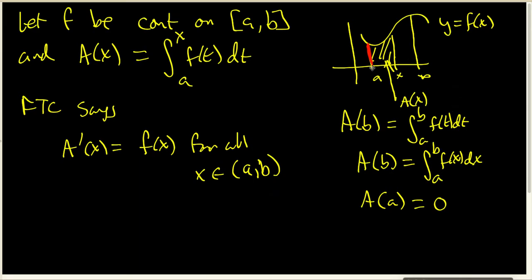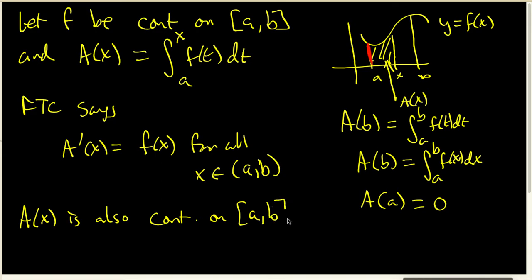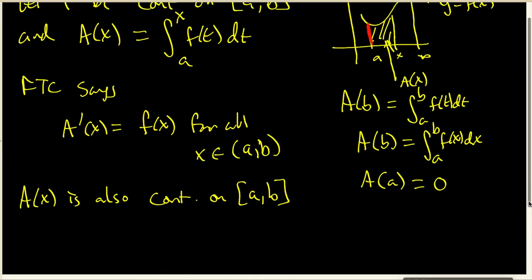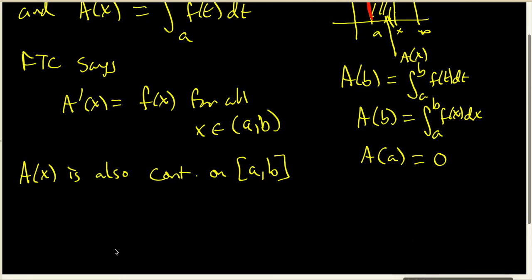And if you think about how the area is being swept out, the area accumulation function is also continuous on the closed interval between a and b. These two facts say that the area accumulation function satisfies the hypotheses of the mean value theorem for derivatives. I want to get that written down.